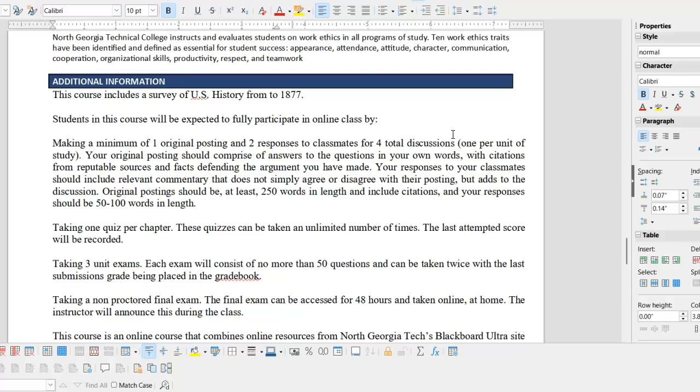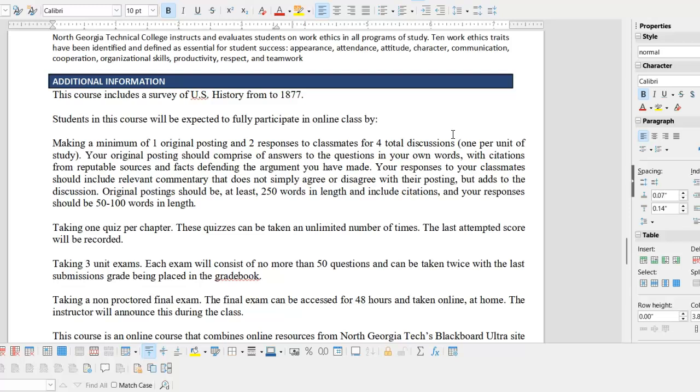Your responses to your classmates should include relevant commentary that does not simply agree or disagree with their posting, but adds to the discussion. They should be, the word I use is substantive. Your original posting should be at least a minimum of 250 words in length and include your internal citations and your works cited, and your responses should be between 50 and 100 words in length, also including internal citations and works cited.